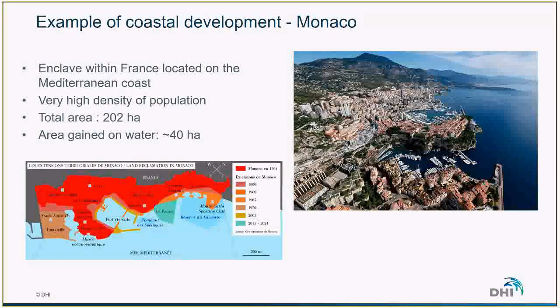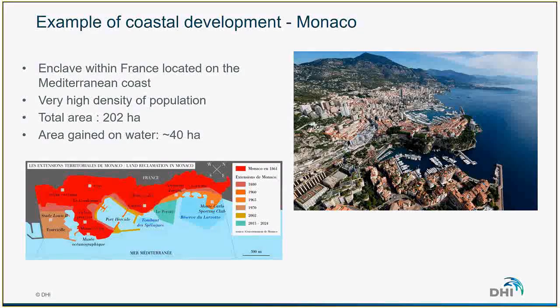Before having a look at the main principles for coastal developments, let's have a look at a concrete example of coastal development. This is a picture of the state of Monaco, which is located on the Mediterranean coast. It's a very small state enclave within France, which means that it's constrained in its surface.